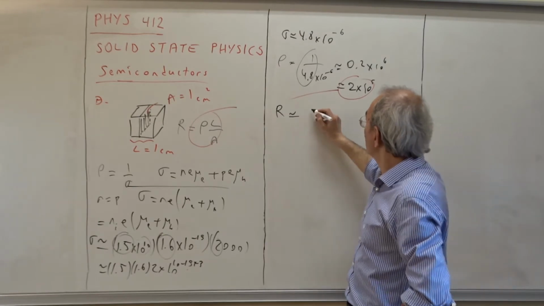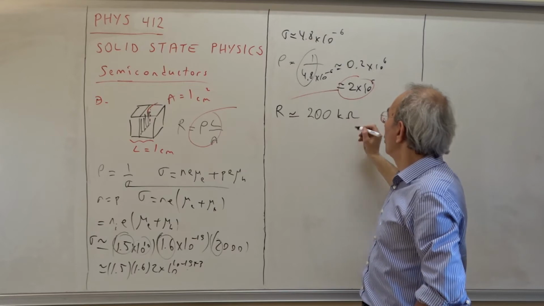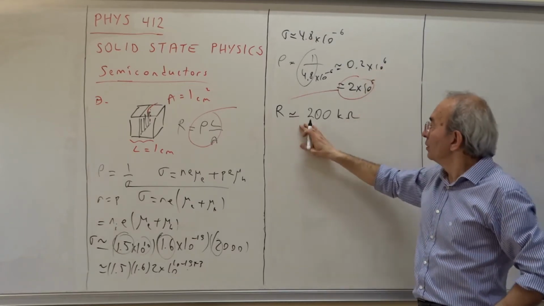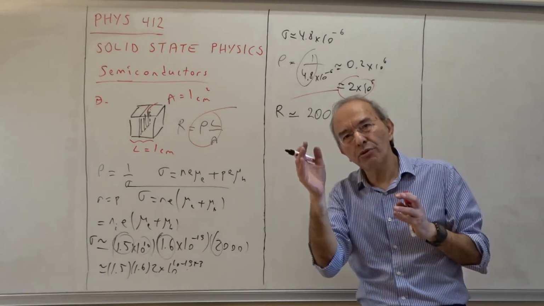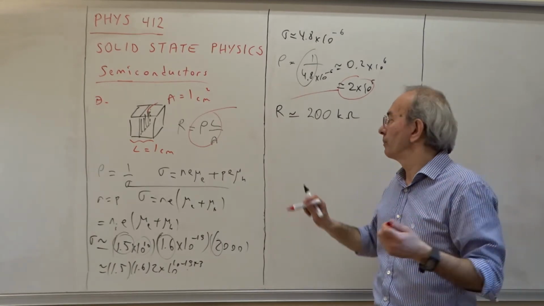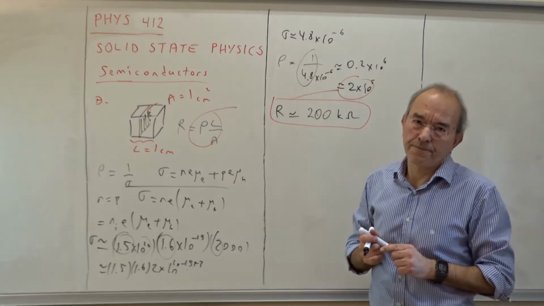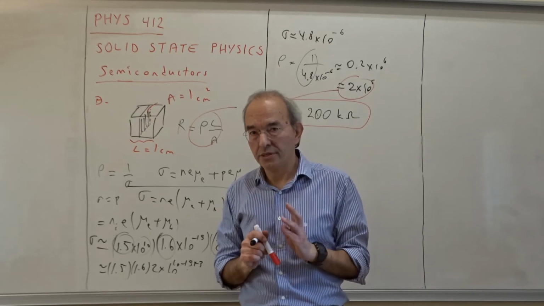So this is approximately 200 kilo ohms. 2 times 10 to the 5 means 200 times 10 to the 3. So it is approximately 200 kilo ohms. Such a resistance for the case of pure sample, intrinsic case.